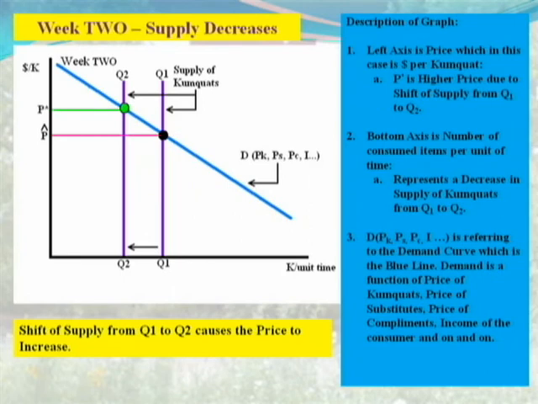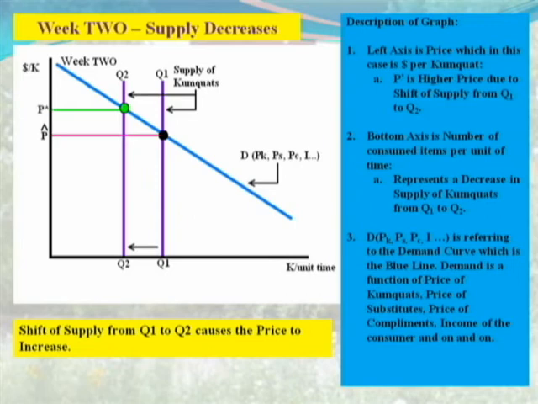Week 2. Supply decreases. Description of graph. Number 1. Left axis is price, which in this case, of course, is dollars per kumquat. And the price with the superscript asterisk is higher price due to shift of supply from quantity 1 to quantity 2.